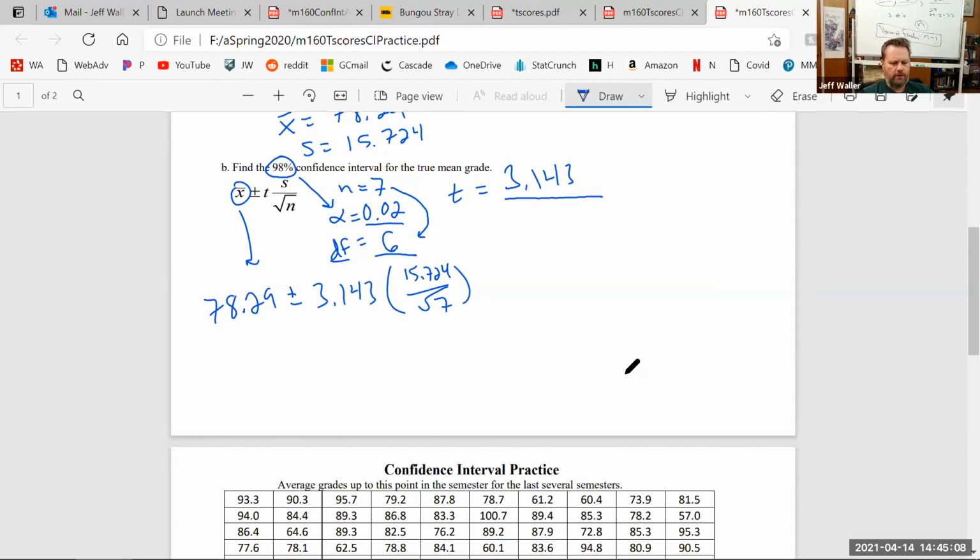So I'm going to do the error first. Did anyone calculate the error? 5.9431.